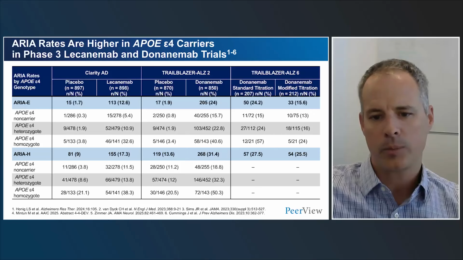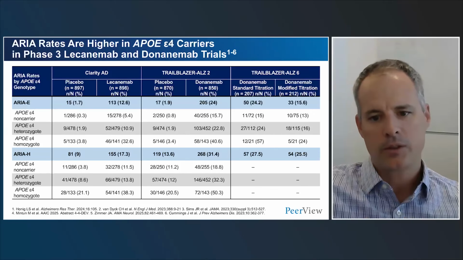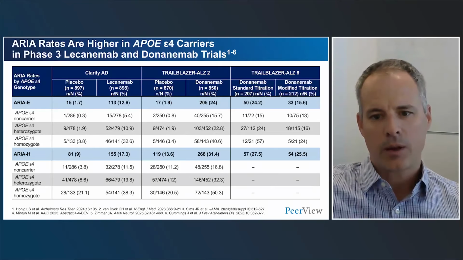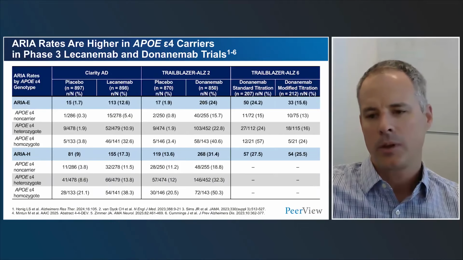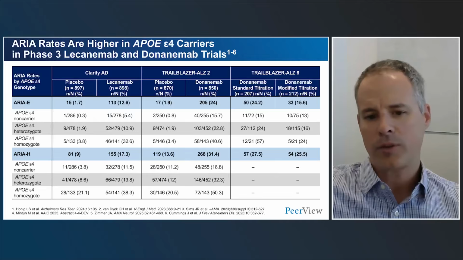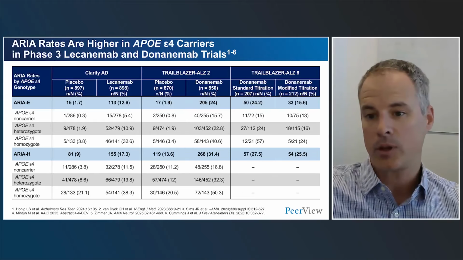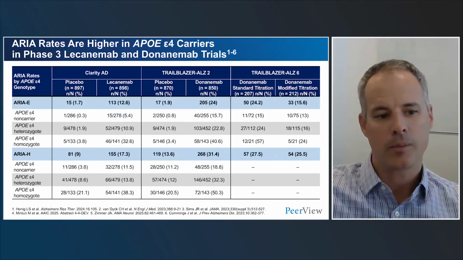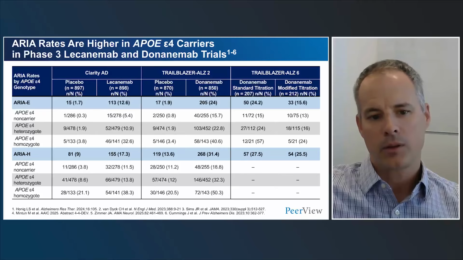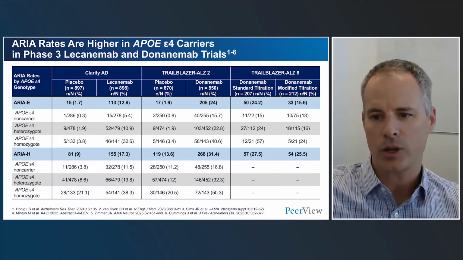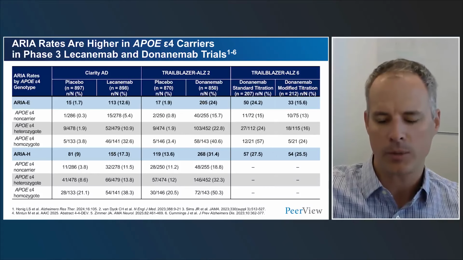There are about 200 people per group in this one, but you can see that now with the modified titration, about 15% of people get ARIA-E and maybe 25% get ARIA-H, although we don't have a full breakdown by APOE genotype yet. However, we do for ARIA-E, and it looks as though there is still a reduction in the APOE4 homozygotes with this altered titration. So that's something to take into account with these medications.